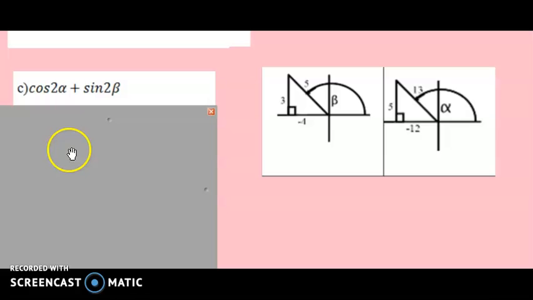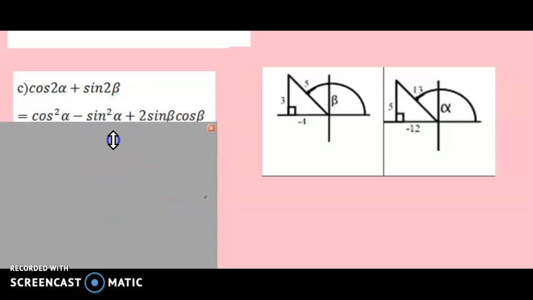Or it could be 2 cos square alpha minus 1, or it could be 1 minus 2 sine square alpha. You need to choose the one that will really speak to you best. And here, this is the one that I chose, but you don't have to choose this one. You could choose any of the others, you will still get the same answer.